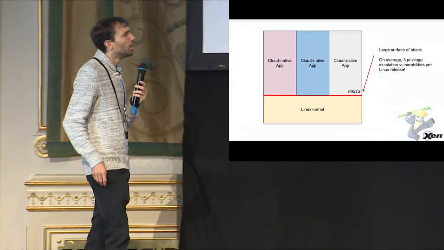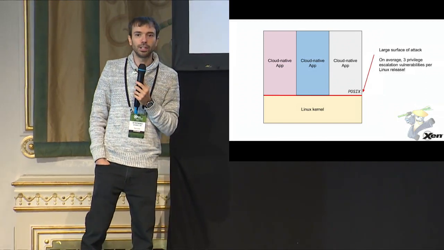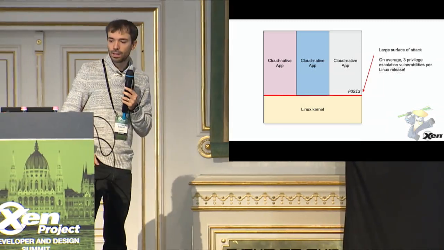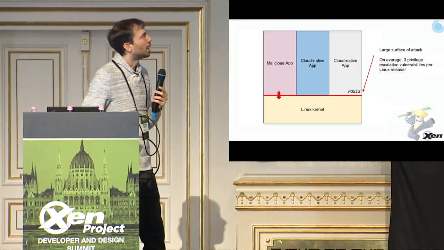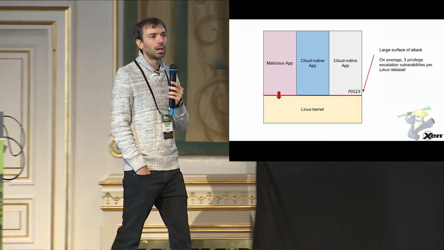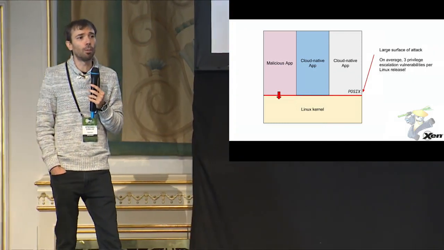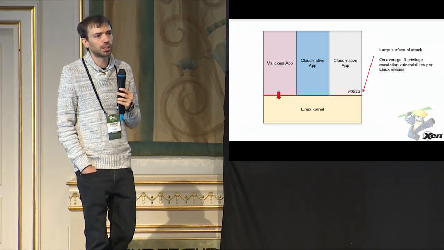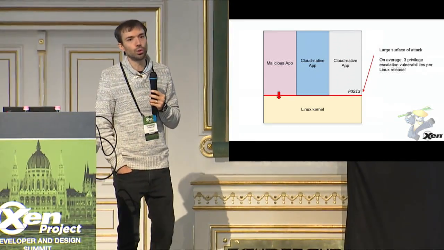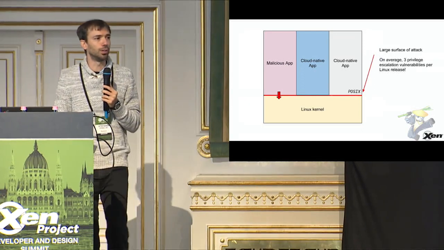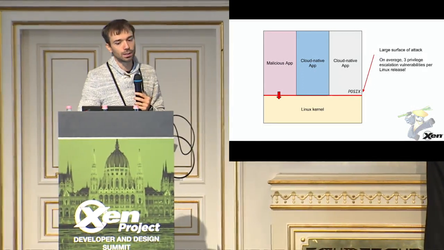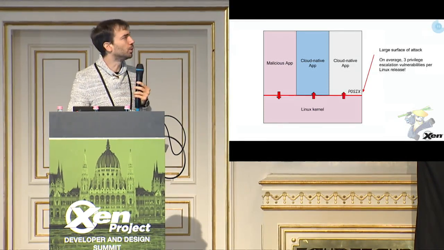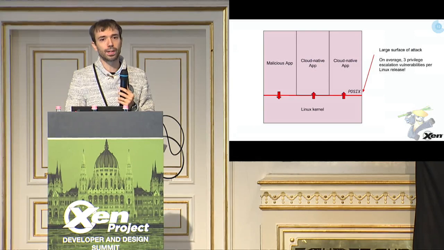There are a few privilege escalation vulnerabilities newly discovered in every Linux release. So eventually, if you install a malicious app, or an app that has been compromised for any reason, not on purpose, right? This app, over time, will be able to exploit one of these privilege escalation vulnerabilities, break into the kernel, and from there basically take over the host, including the data of the other apps, right?